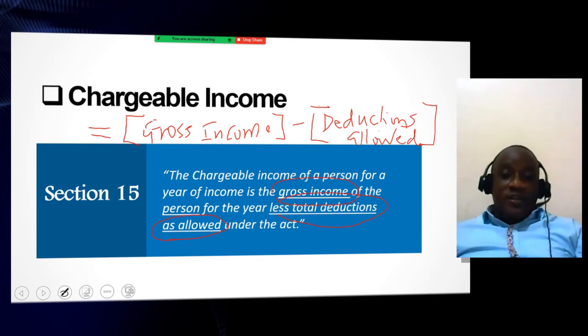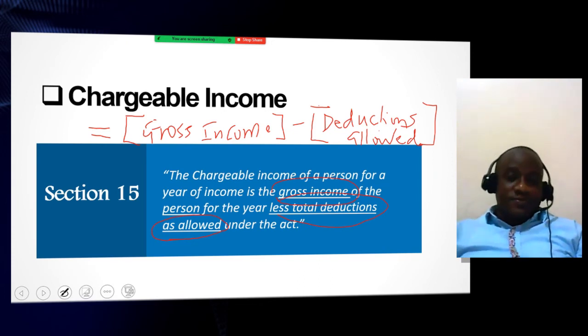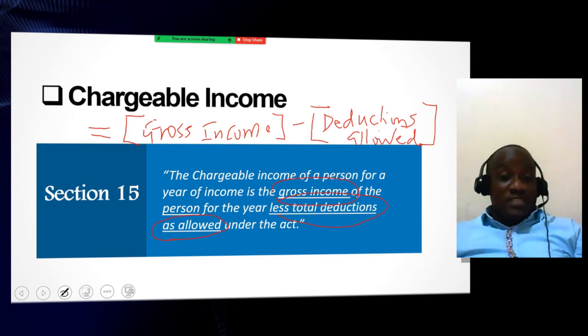Good enough, Uganda Revenue Authority, or I would say the government of Uganda, runs what we call a self-assessment system. You assess yourself. So that's why, when it comes to taxation, it is very, very important to keep proper books of accounts.